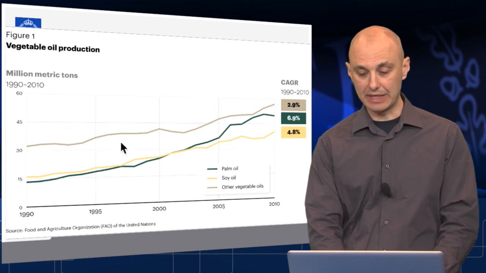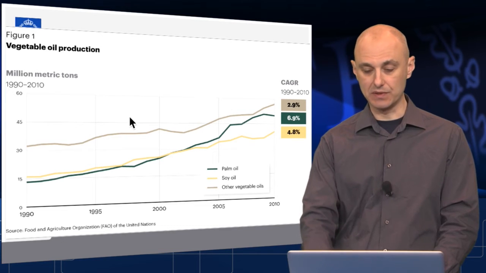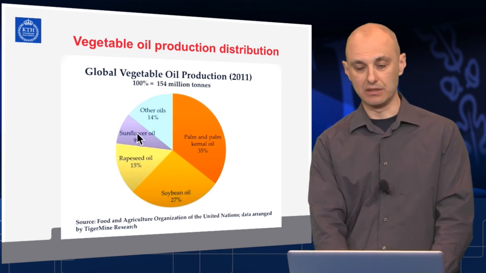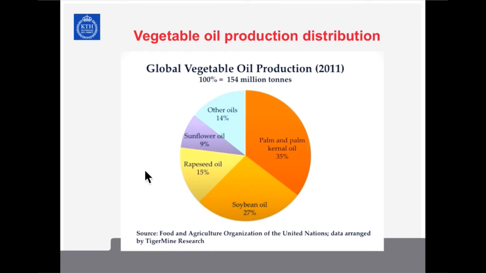And the summary here of other vegetable oils we can define closer in this graph. For example, it is mostly rapeseed and sunflower oil that are the technical crops for oil production of the temperate climate.